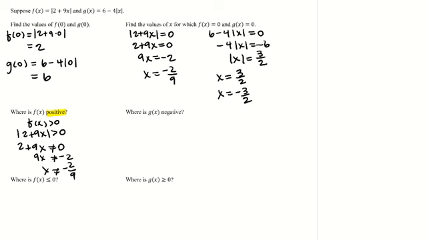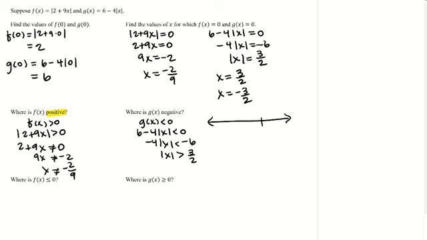If they ask where g of x is negative, okay, negative means less than 0, so g of x is less than 0. 6 minus 4 absolute value x is less than 0, so negative 4 absolute value x is less than negative 6. I'll divide by negative 4, and I'll get absolute value of x is greater than 3/2. Right? We have to reverse the direction of the inequality because I divided by a negative number.